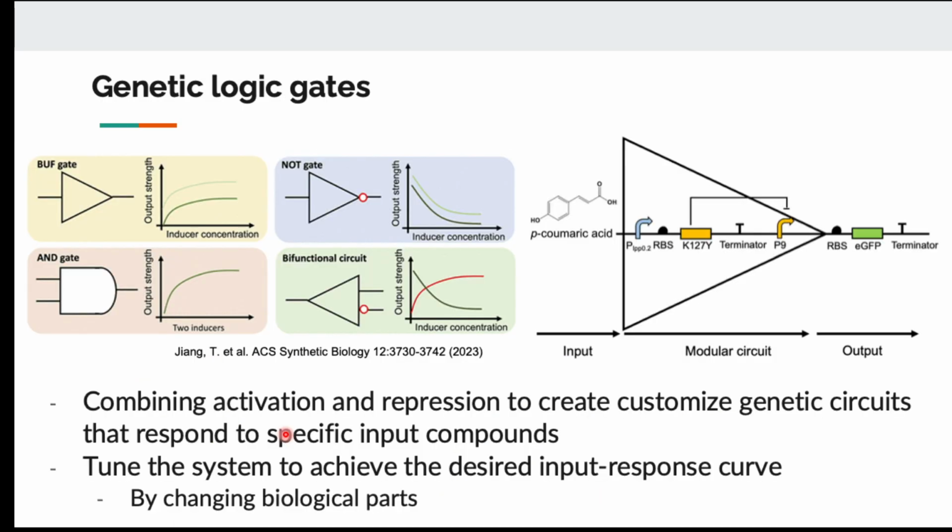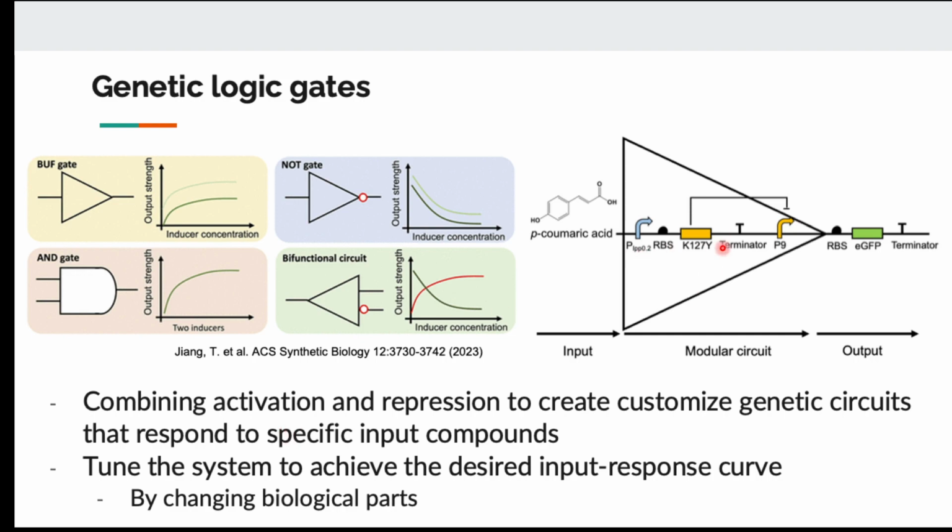So people have come up with designs for what they call a genetic logic gate. Similar to electronic circuits or computer programs, you have more than one condition, and when these conditions are met, it might activate a different part of the code or a different part of the circuit. But we need to do this in terms of biology.